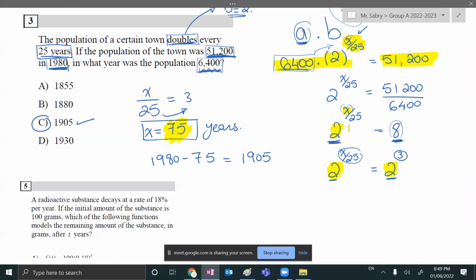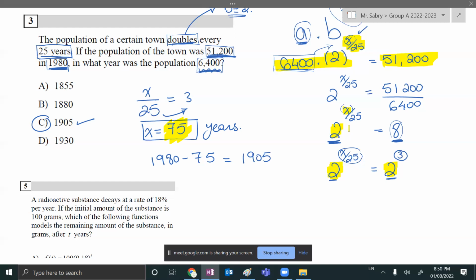Now, this exponential function gets me the number of years. It doesn't get me the exact year. It gets me how many years it took something to happen. So I assumed, but I didn't actually assume it out of my head. I said, if I actually started with 6,400, how many years would it take to reach 51,200?